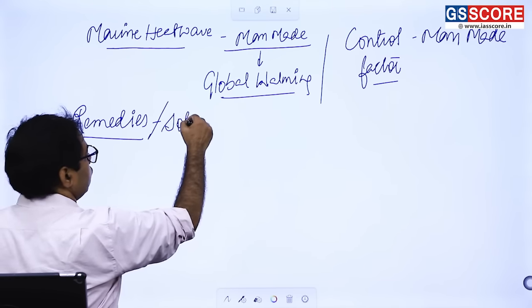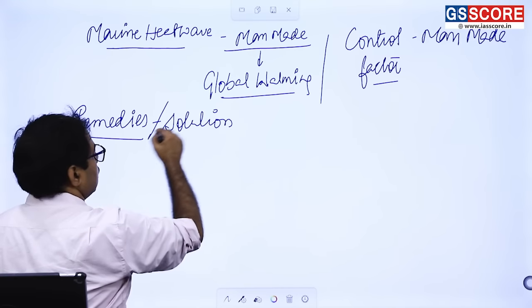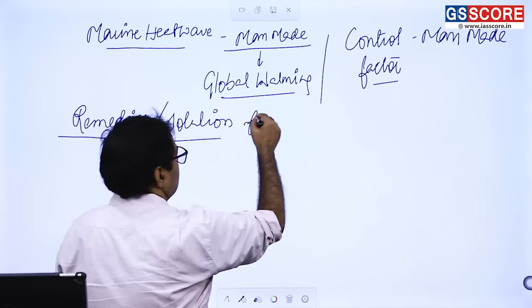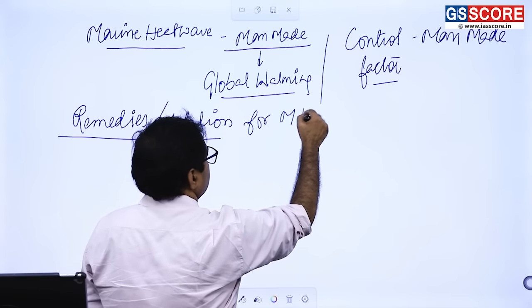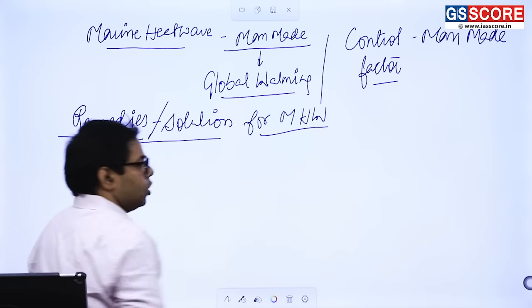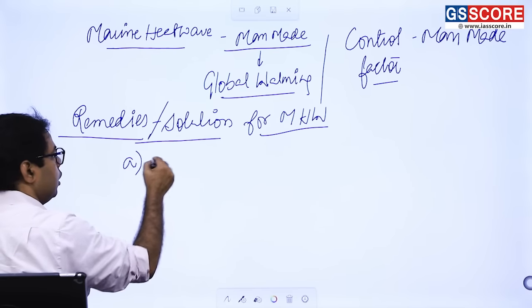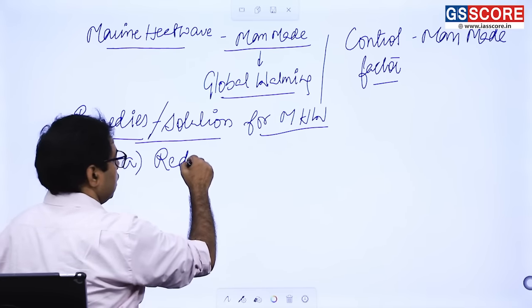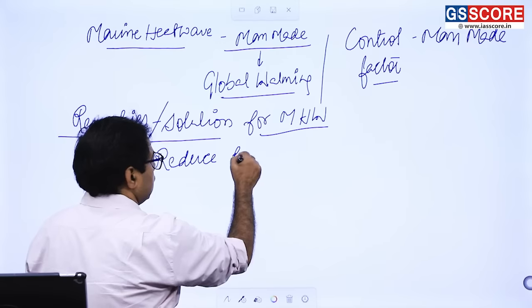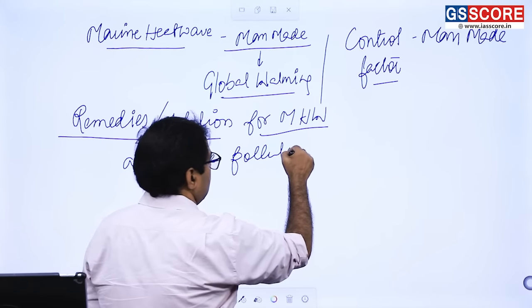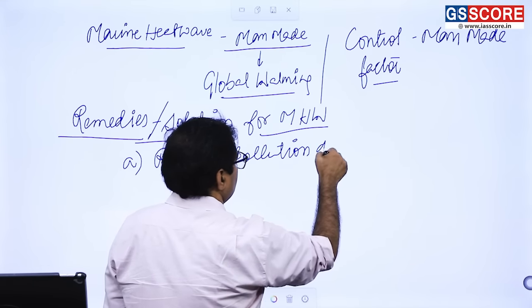What are the solutions for the marine heat wave? The first solution, number one, is to reduce pollution of oceans.